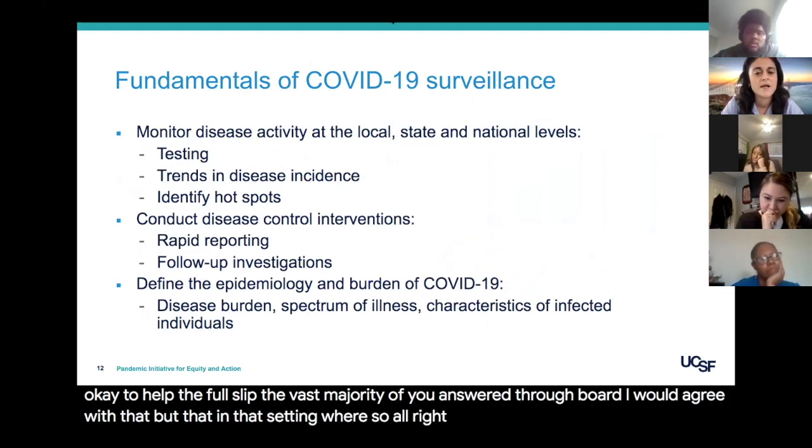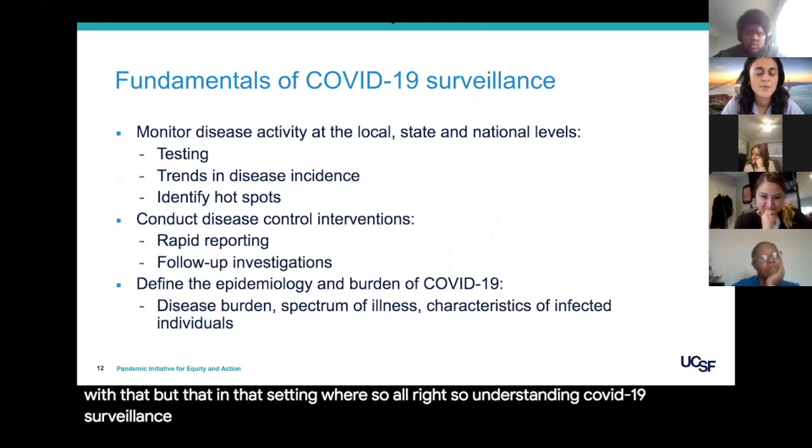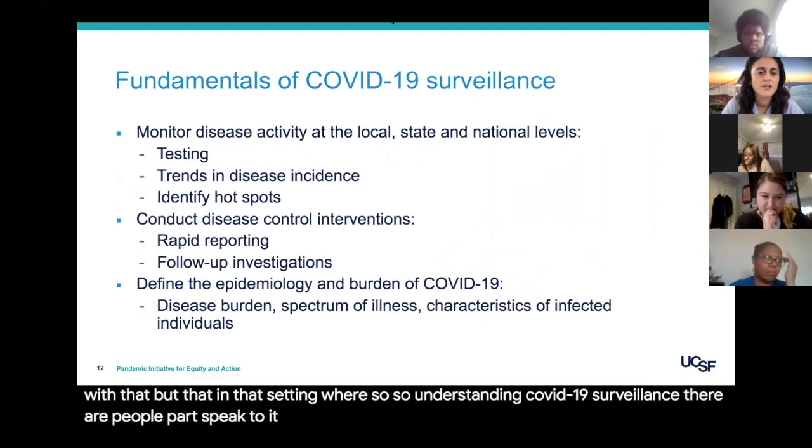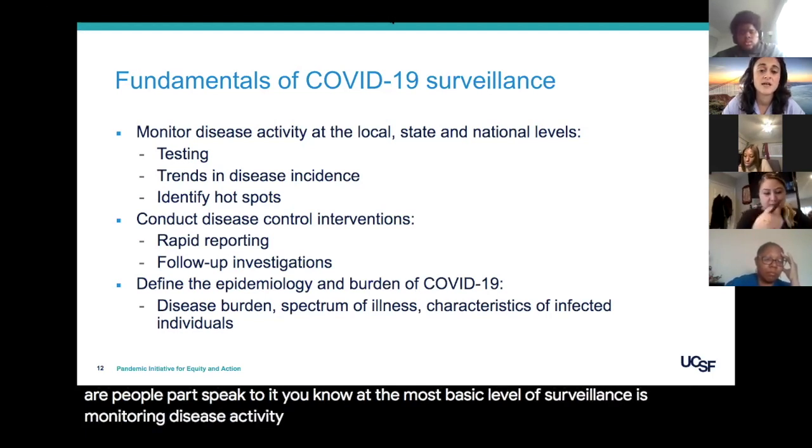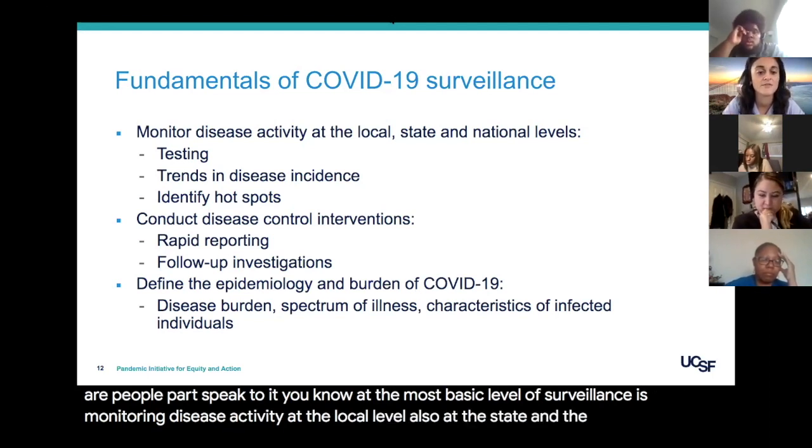All right, so understanding COVID-19 surveillance, there are a couple parts that go into it. At the most basic level, surveillance is monitoring disease activity at the local level, but I would argue probably most critically, also at the state and national level.